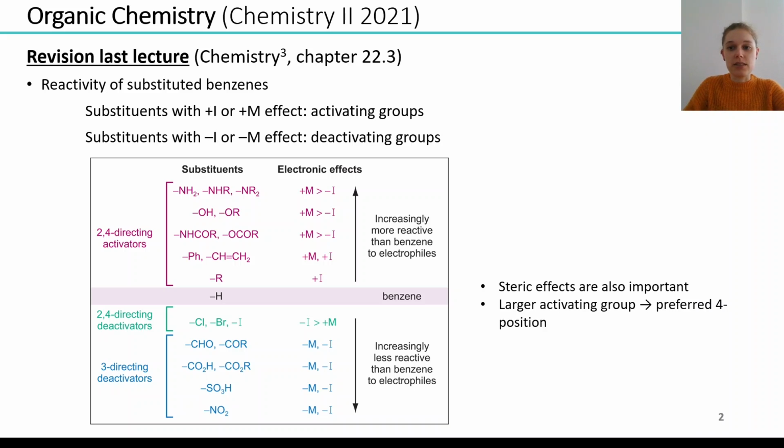And this additional resonance form results from the delocalization of the lone pair of the halogen atom over the ring. Hence, the halogen substituents are 2,4 directing deactivators. And here we have an overview of all substituents which are important for us with the corresponding effects.